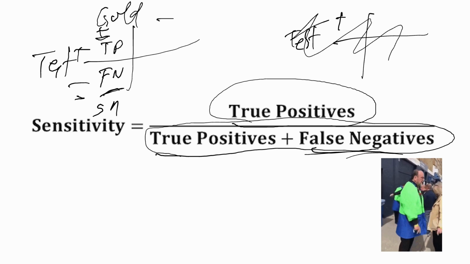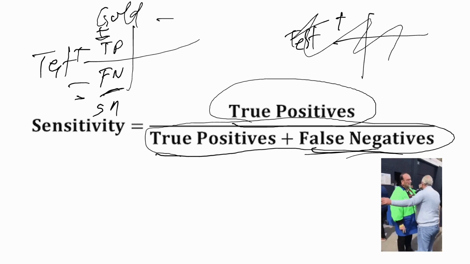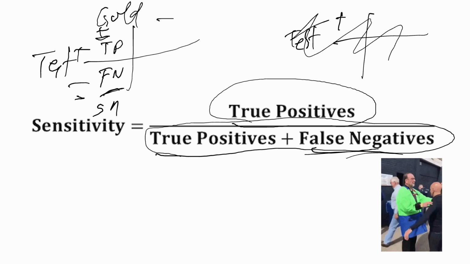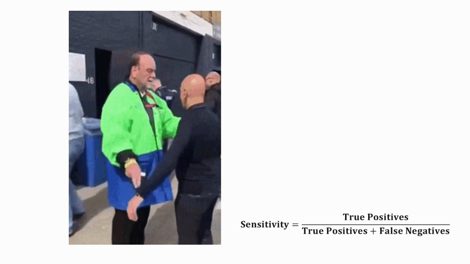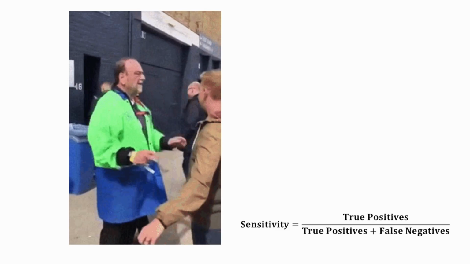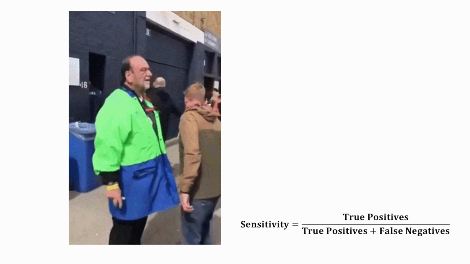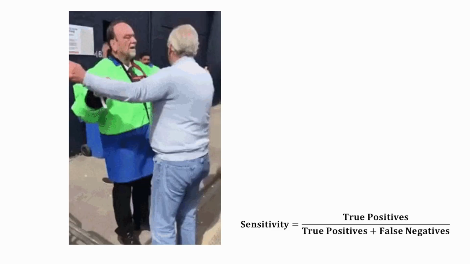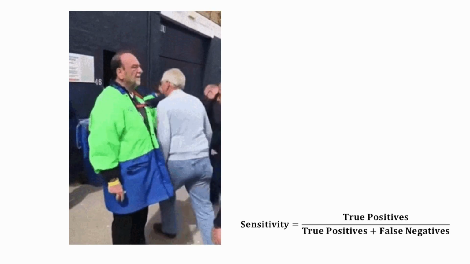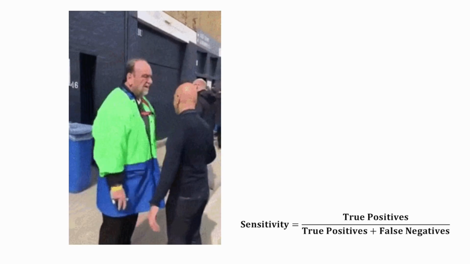And I want you to think of sensitivity as your ability to detect a disease if present. So you've probably been looking at this GIF of this security guard not doing a very good job. I wouldn't want him as my security entering a venue. So what do you think the sensitivity of this security guard is if someone is bringing something into the venue?